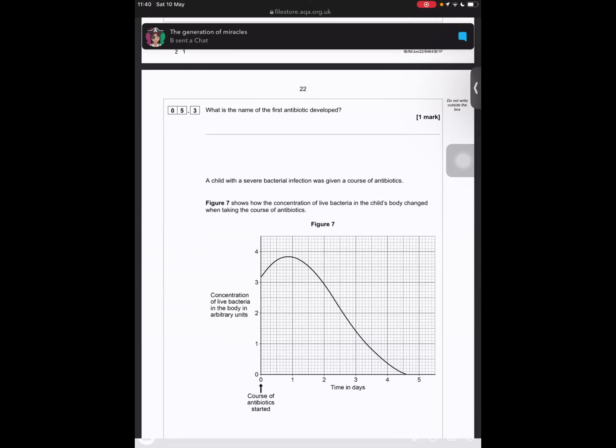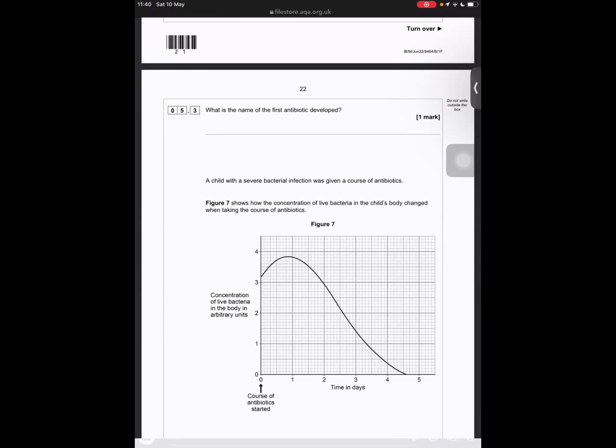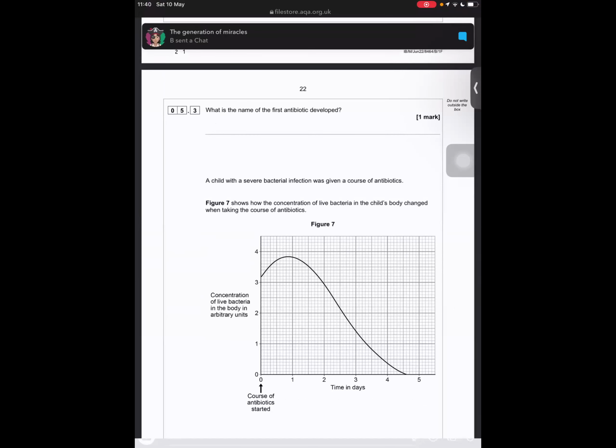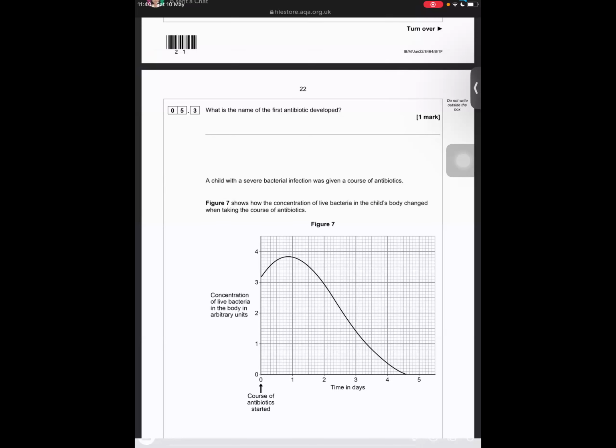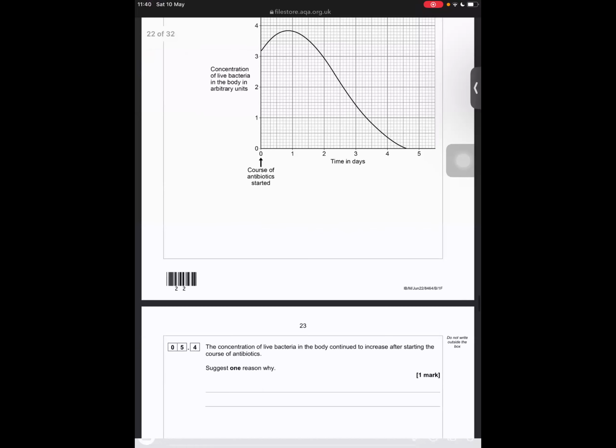So what's the question that they're asking? It says the concentration of the live bacteria in the body continued to increase after starting the course of antibiotics. Give one reason why.